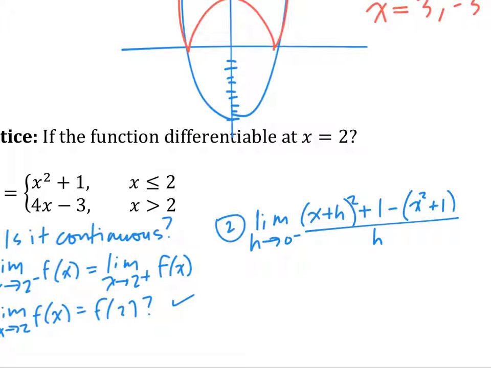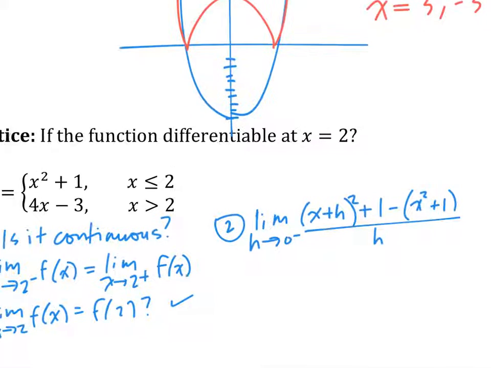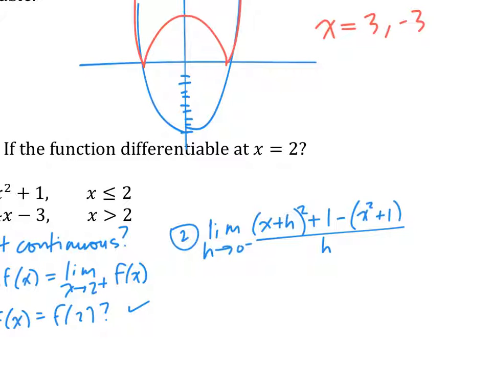Then you do the whole thing to figure out the derivative. In this case, it is 2x, which means the derivative from the left is 2x. So f prime of x is 2x, and f prime of 2, the derivative we want, is 4.